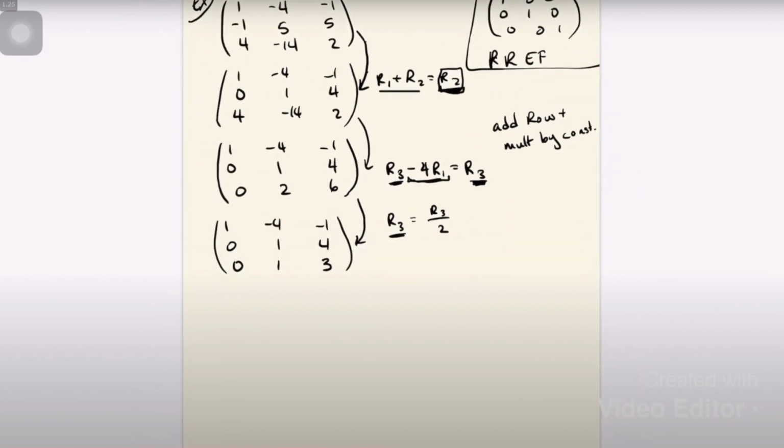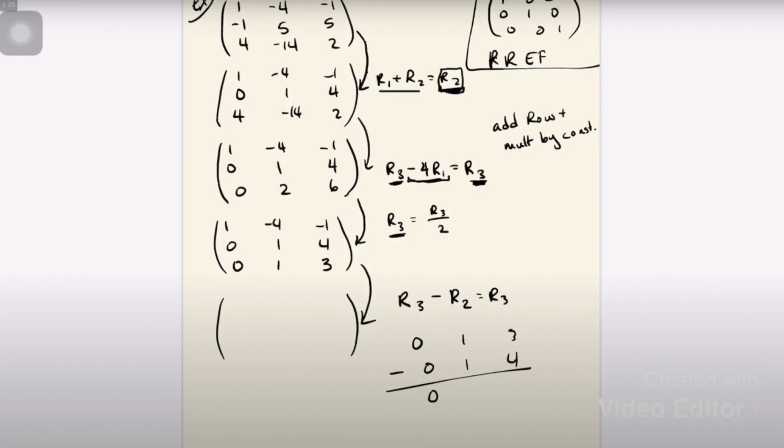Okay, and let's see. Now we can create this new row 3 by subtracting row 2 to create this new row 3. So we can see row 3 is this, and row 2 is this, and we subtract it.